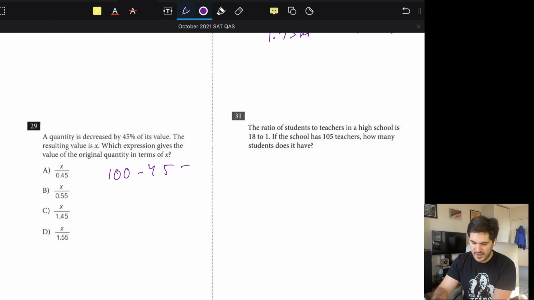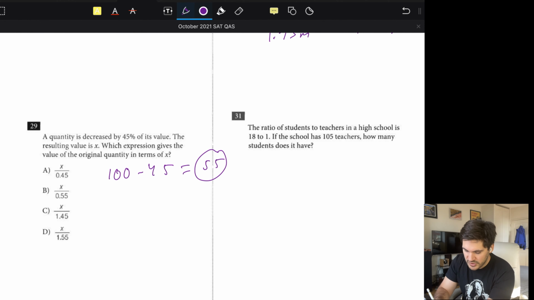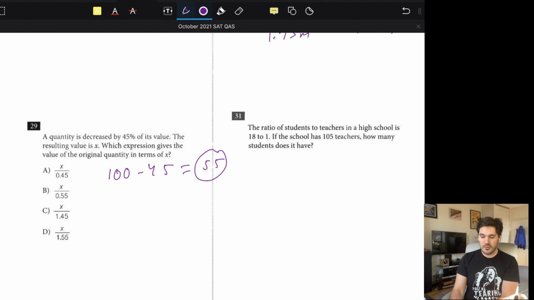And we get 55, and this 55 is x. Which of the following gives the original quantity in terms of x? So in other words, if we get to 55, we want to get to 100 using 55. So we can plug this 55 into the answer choices and see which one gives us 100. So for example, 55 divided by 0.45 gives us 122.